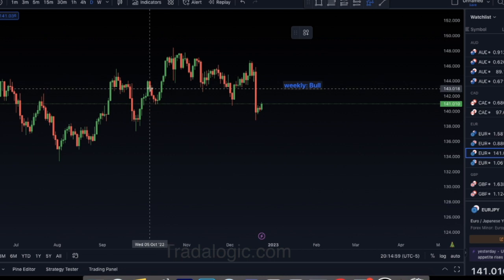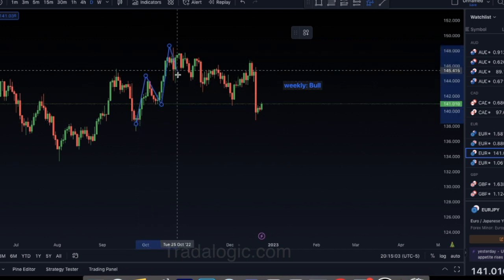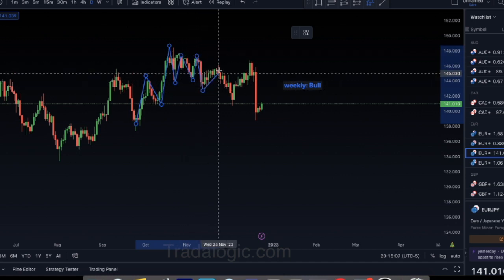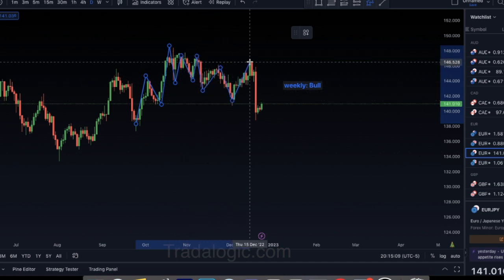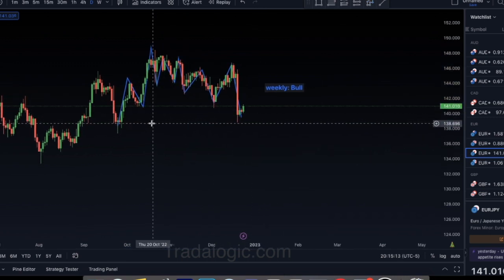And the market is kind of choppy on the daily time frame, but still, we're gonna be able to find our trend. As I can see, the market is bearish on the daily time frame.